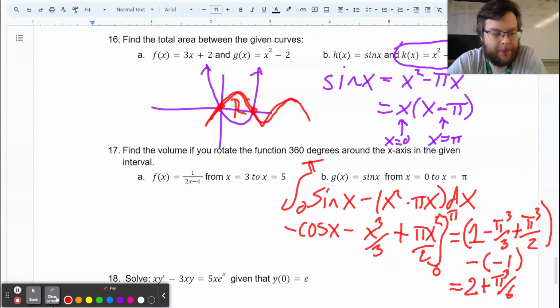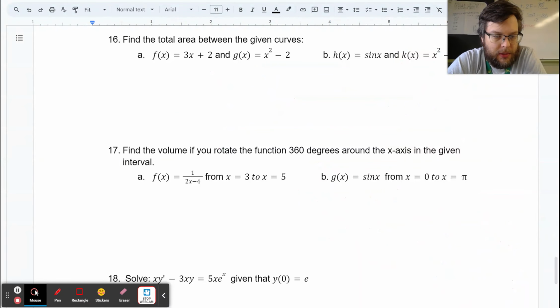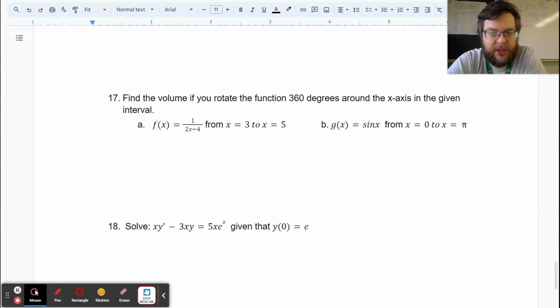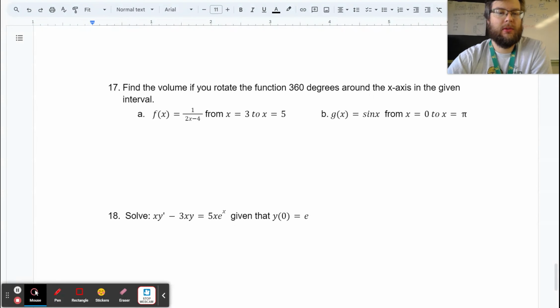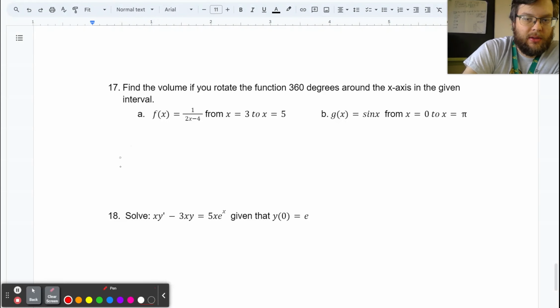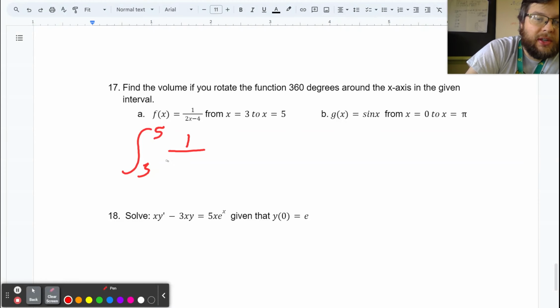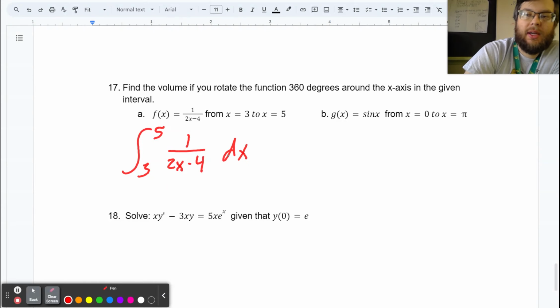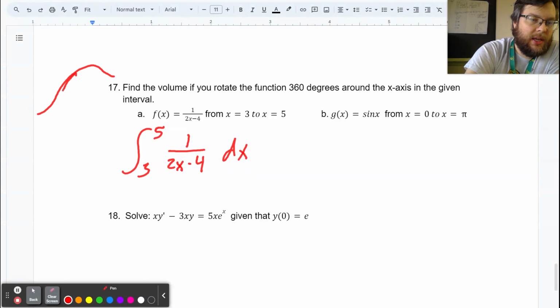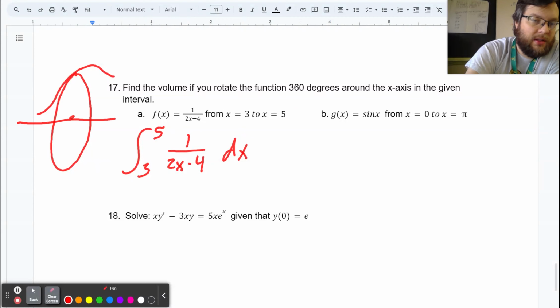There you go. All right, next we're going to rotate a function 360 degrees. So we're going to rotate this thing from 3 to 5. This is our function. So how do I rotate it? Well, if I rotate a function, then I have my curve, and I'm creating a circular disk where the radius of that disk is equal to the function.